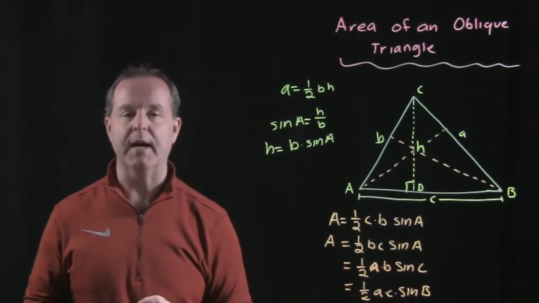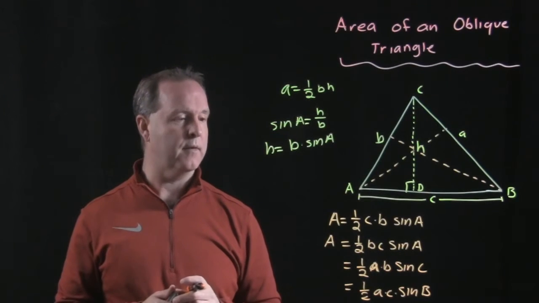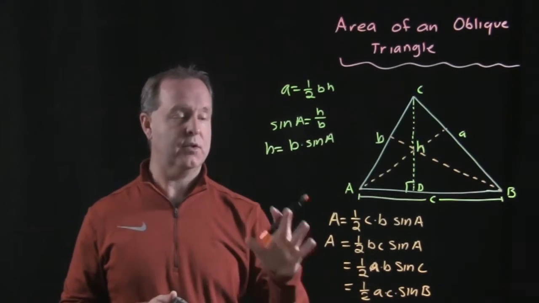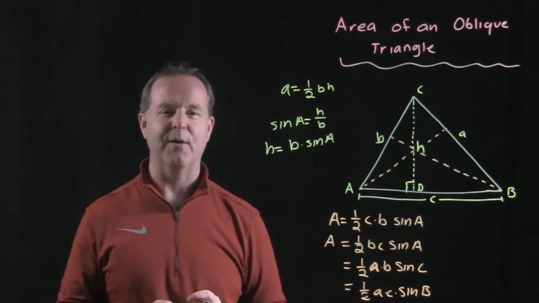I just rotate the triangle around to form a new base, and that gives me a new altitude and so forth. So what we have here is the area of an oblique triangle described in terms of a trigonometric function that we are getting used to.